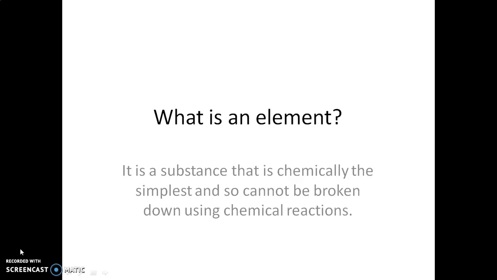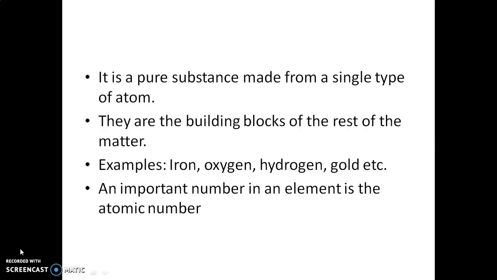So these are all elements. Now if you go into the detail, it's a pure substance. It's very important in chemistry, the purity of a substance that defines its sensitivity each time. Any substance, we always say it should be pure. Is it pure or is it impure? And it is made up of a single type of atom.